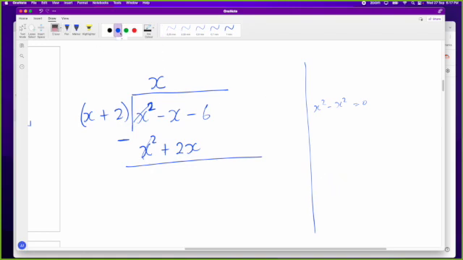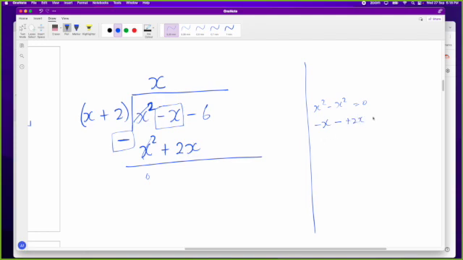So you can see that we started off with x times x is x squared, and then x times plus 2 is plus 2x, and now we do the subtraction. So x squared minus x squared is 0. But then look at what I have. I have, remember, the associative law. So this is minus x minus, and then I have this plus 2x.